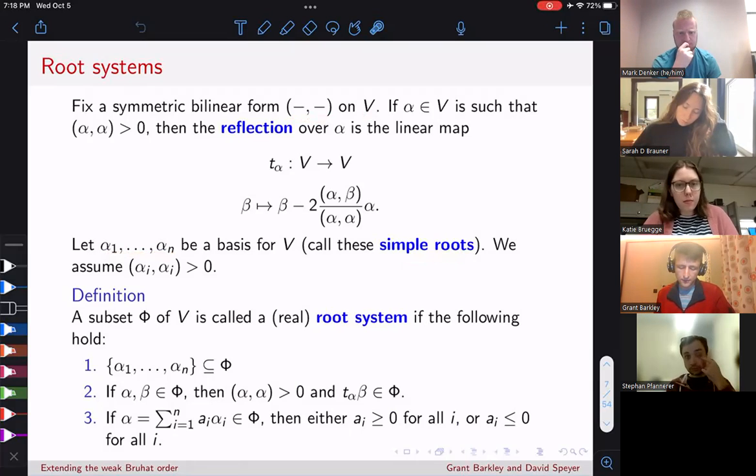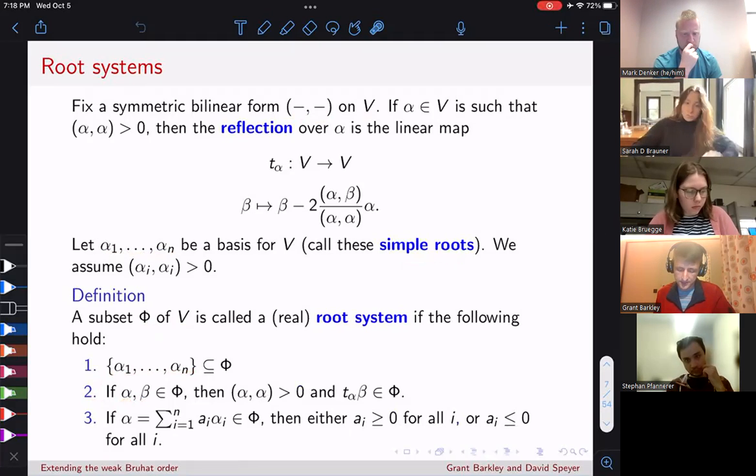Okay, so we're going to define a root system to be a subset of our vector space which contains this basis, and such that, well, first this is really two statements. First, if we have any element of our root system, then its pairing with itself is positive.